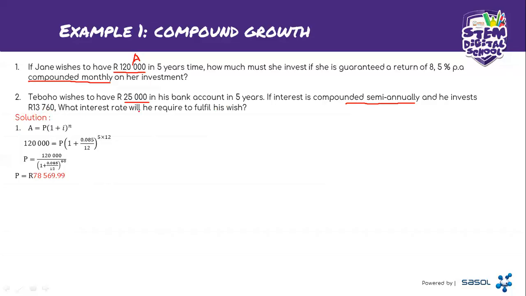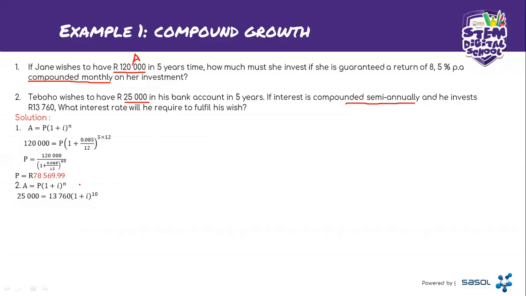What is the interest rate he requires to fulfill his wishes? What is the interest rate? Meaning in this case, we are going to calculate the interest rate I. All right, and let's see how you go about it.